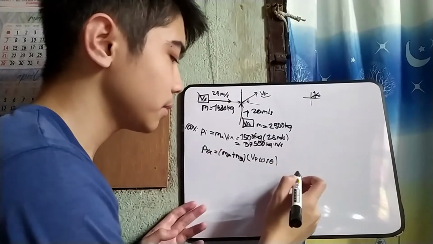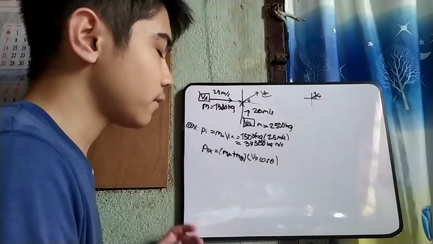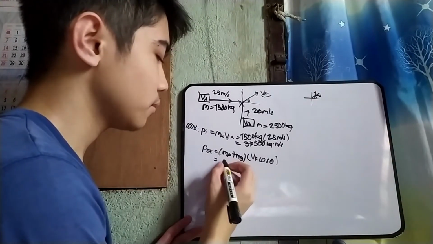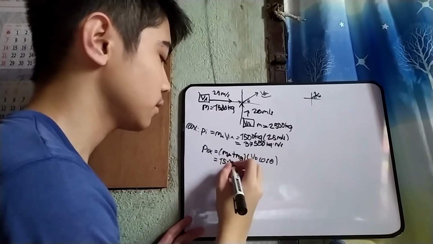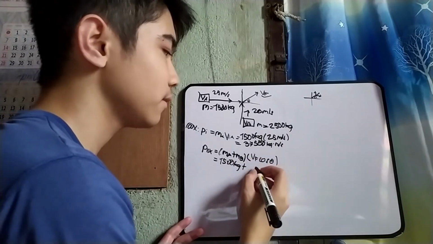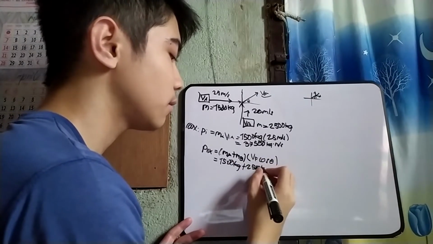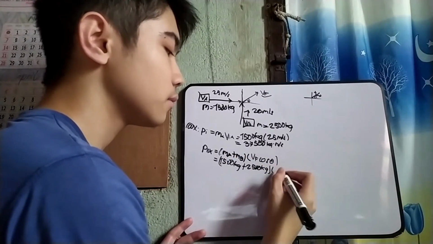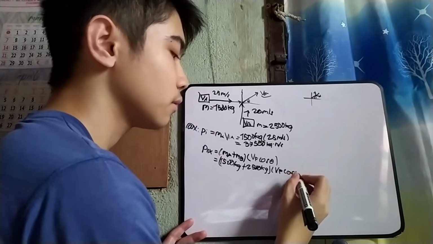So this is the formula we will use for the final momentum at x. We just input the mass of vehicle A, 1,500 kg, plus the mass of vehicle B, 2,500 kilograms, multiplied by the final velocity cosine theta.